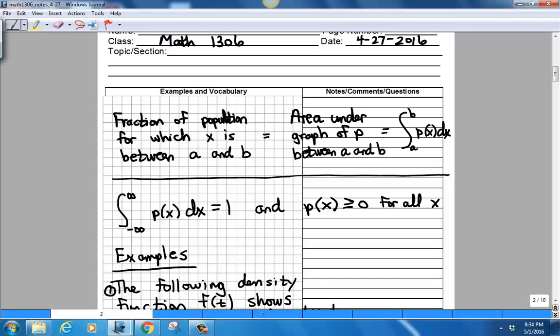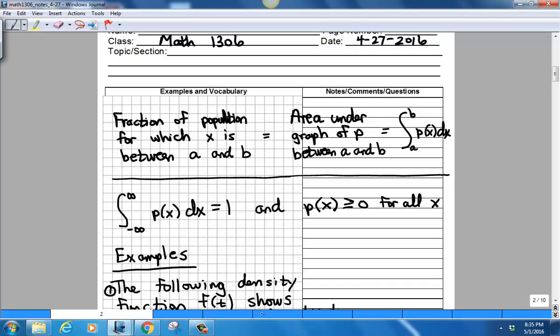And then the way we apply density functions is if you find the area under the density function from a particular input A to a second input B. So if this is your lower limit of integration and this is your upper limit of integration, that area represents the fraction of the population which also falls between value A and value B. Keep in mind that fraction is going to be between 0 and 1 because the total area underneath the density function is 1.